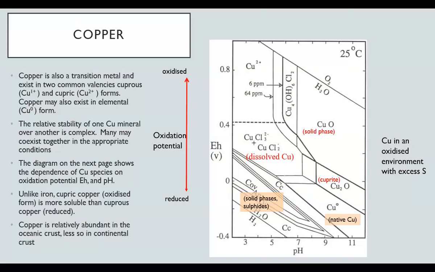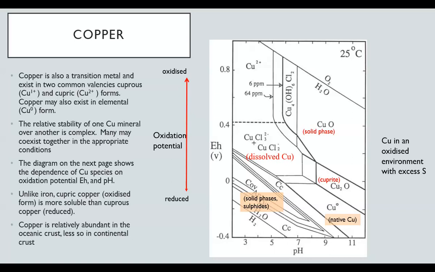Okay, copper is a transition metal. It can exist in two common valencies as cuprous or cupric, so 1+ or 2+, but it also can form in its elemental state. Copper, its stability is complicated. In this case, we have a diagram looking at pH versus Eh, which is another way of looking at oxidation potential.